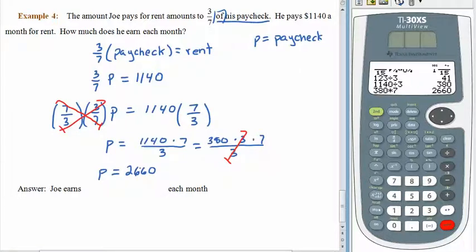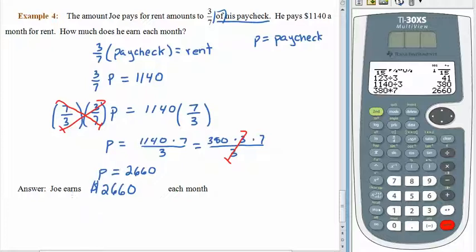Okay, well, we said P was the paycheck. That's pretty good. We want our paycheck to be larger than the rent, right? So it's a good thing we didn't somehow divide or multiply the wrong things in the wrong places. This sounds pretty good. Joe earns 2,660 what? Dollars each month.